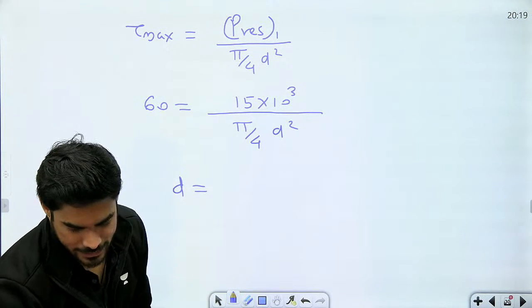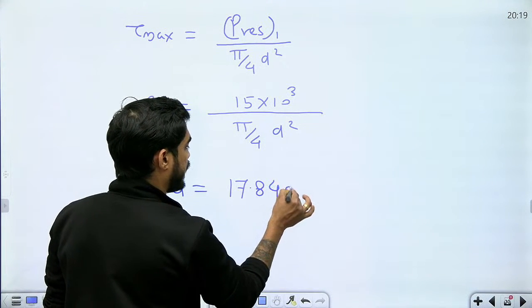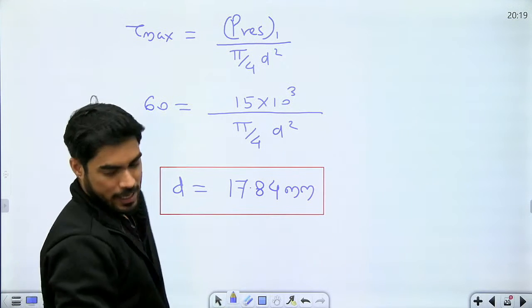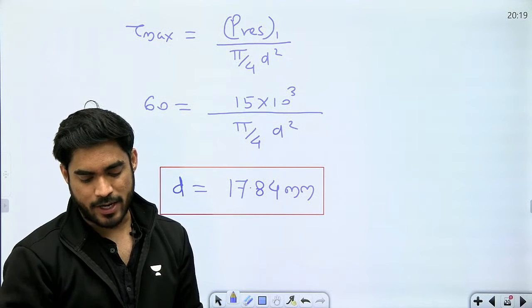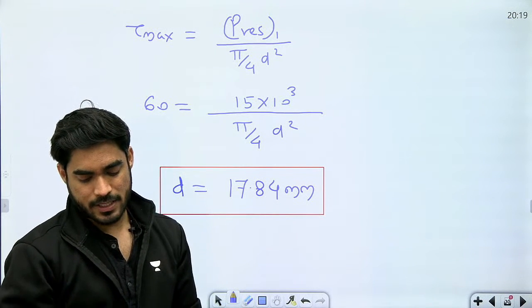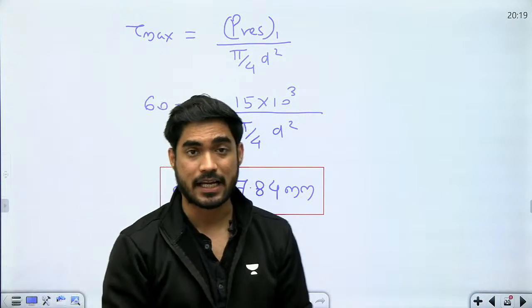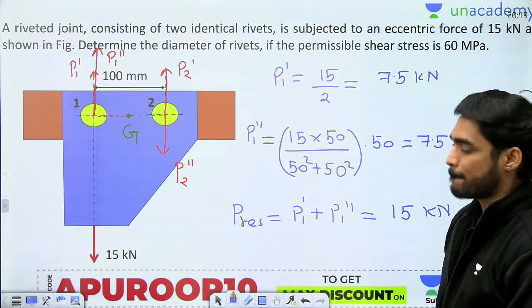Are we getting 17.84 mm? Very good, Palak. 17.84 mm. Very good, Jitendra. So minimum required diameter of the rivets is 17.84 mm.